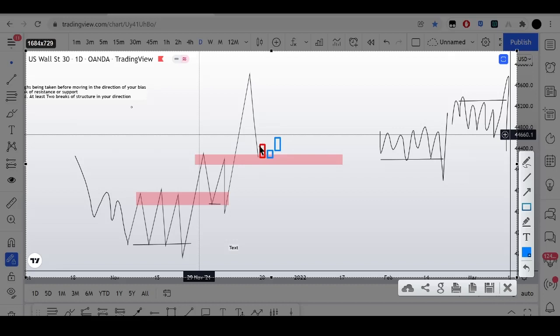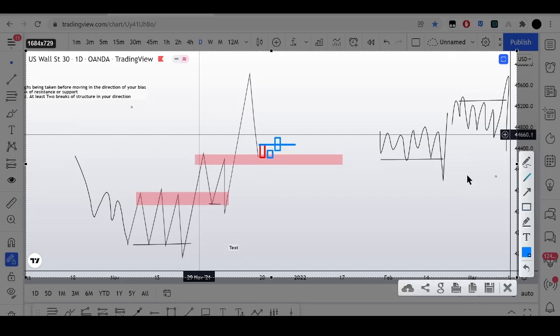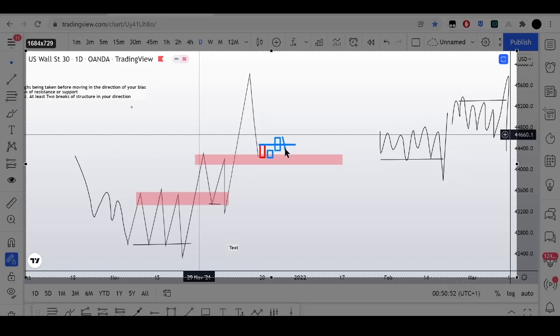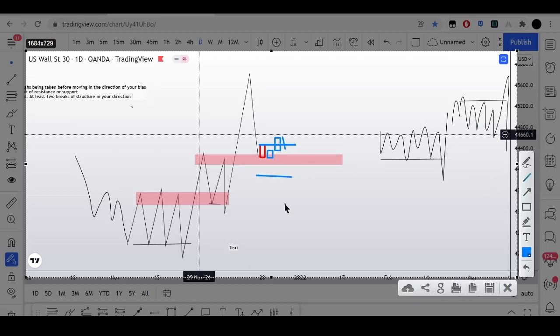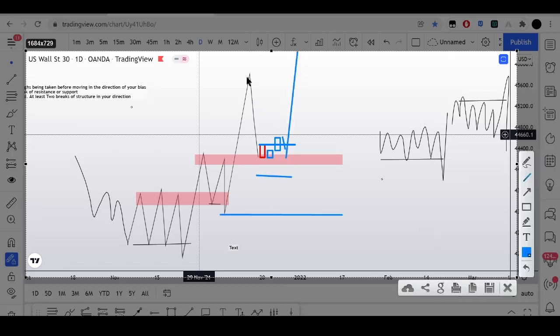For more confirmation, for more of a higher probability of this working out, once price pulls back to the open of this down candle, you're gonna look for an entry here, as soon as it comes into the open, with stops below your zone, or the low. All right, and then you will look for a displacement higher, and this would be your first target.